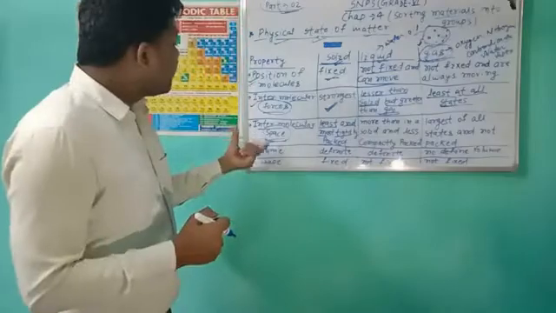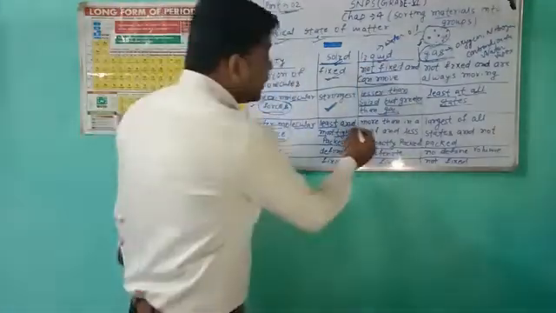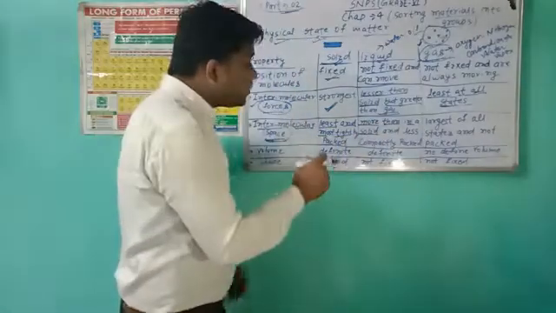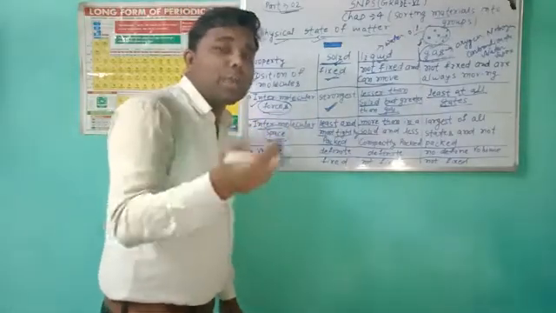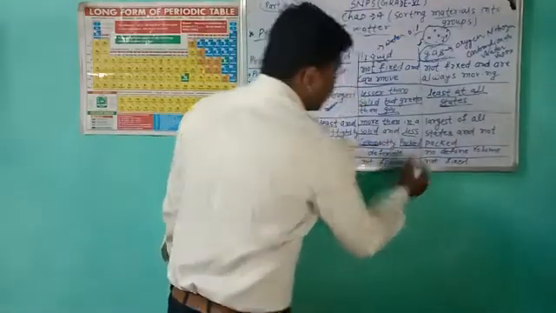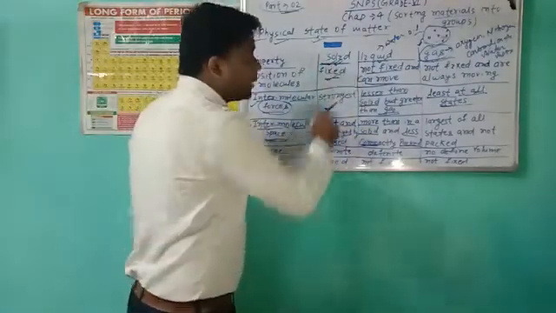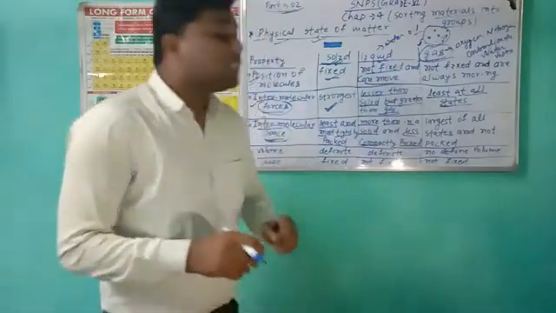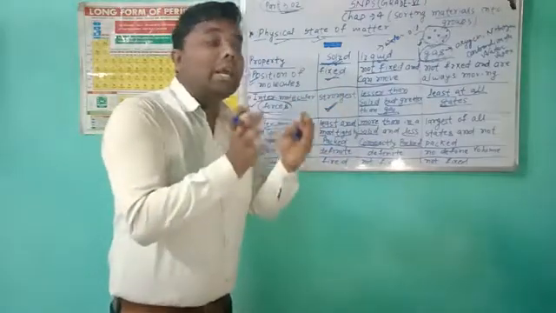If we talk about the intermolecular space of liquid, it is more than in a solid, but less tightly packed, because it flows from one place to another. So we can say that it is less compactly packed than the solid. But when we talk about the intermolecular space of gases, it is the largest of all states and not tightly packed.